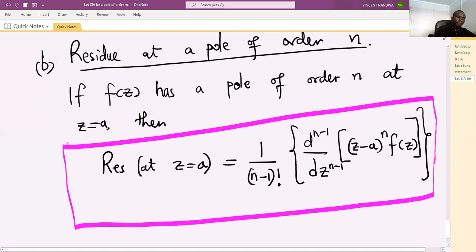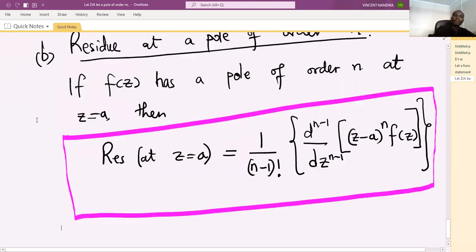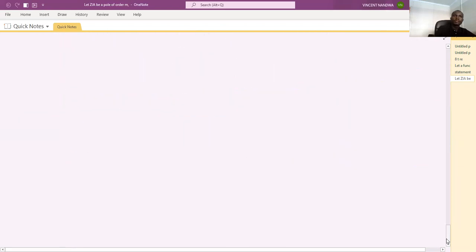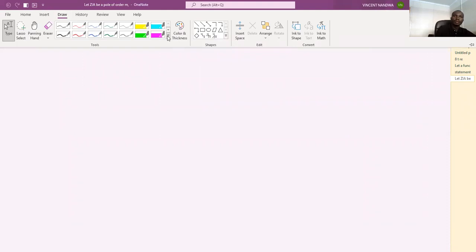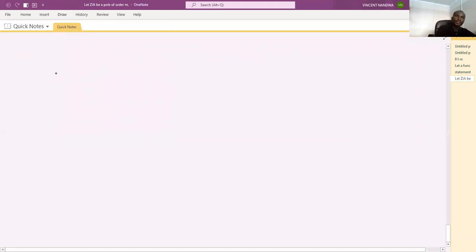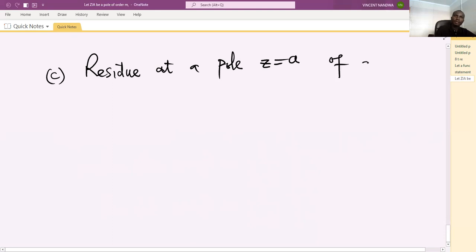And then C, the second last method of finding the residues. So C, residue at a pole z equals a of any order.